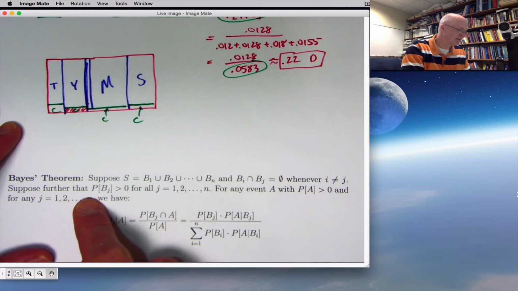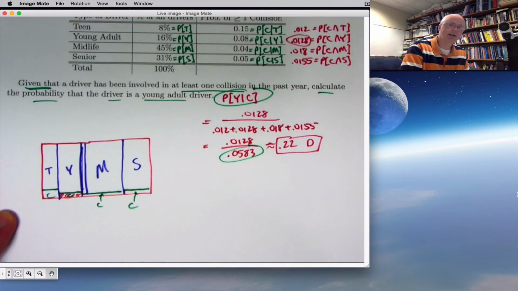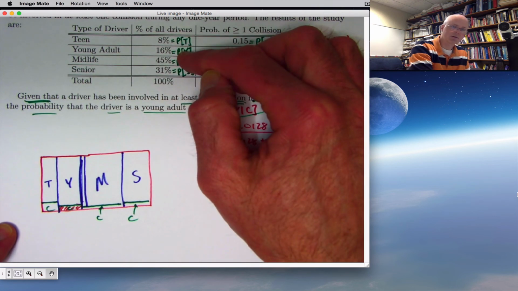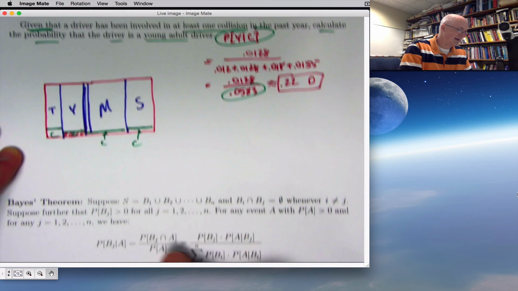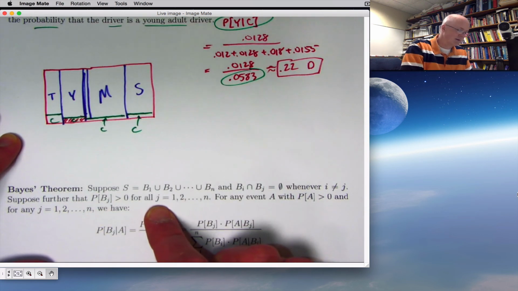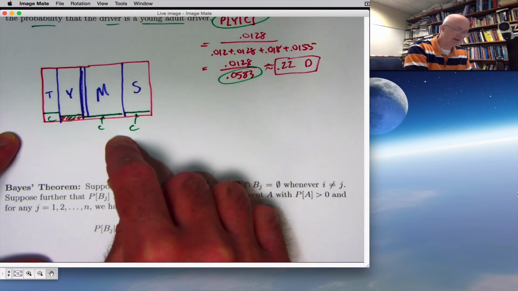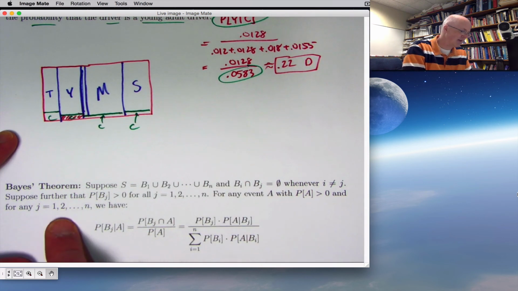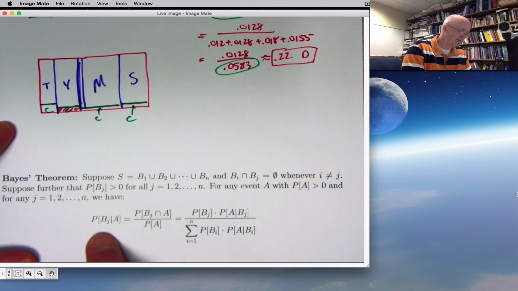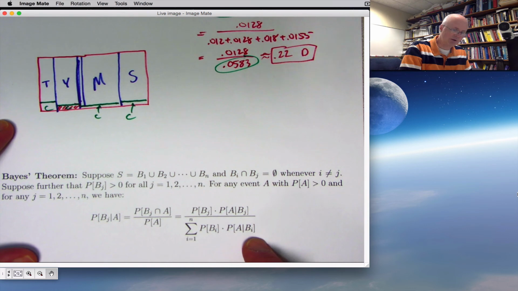Suppose further that the probability of each of those events is greater than 0, just like these numbers are all greater than 0. These are the B's in Bayes' theorem. For any event A, which is going to be represented by C here, whose probability is greater than 0, and for any j between 1 and n, the probability of Bj given A is this ratio, which can ultimately be written as this ratio.